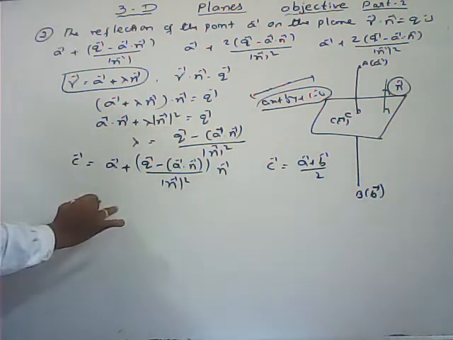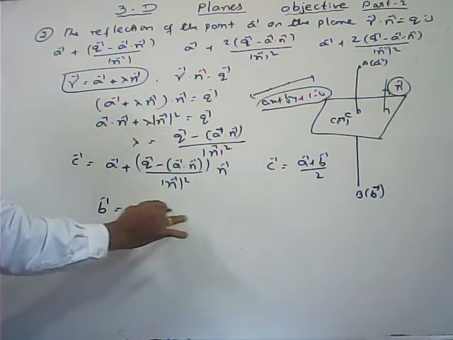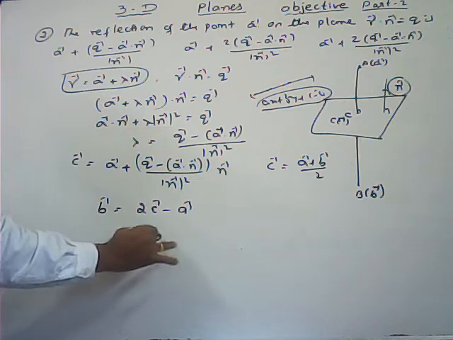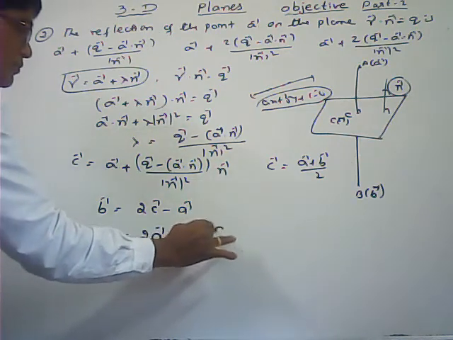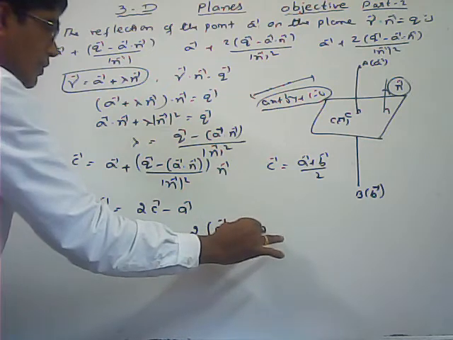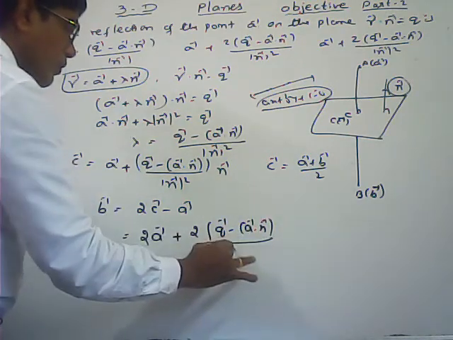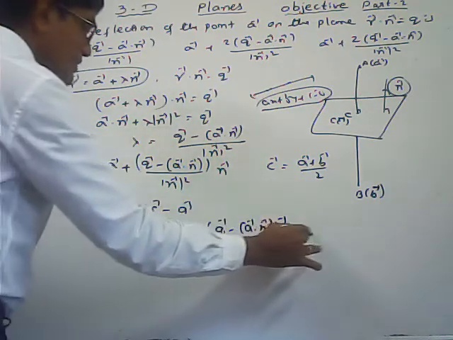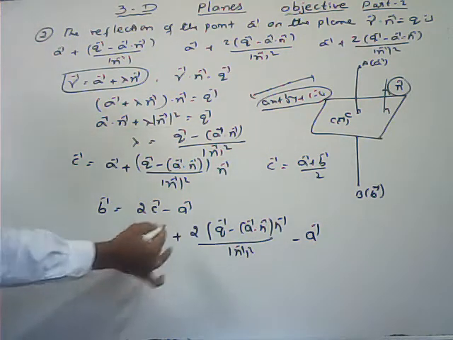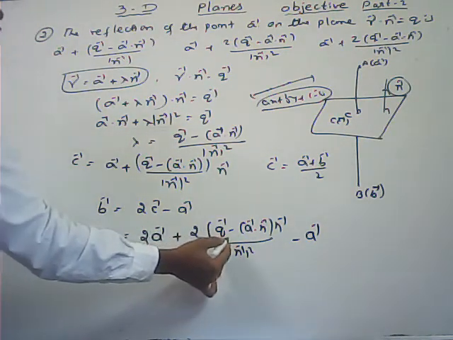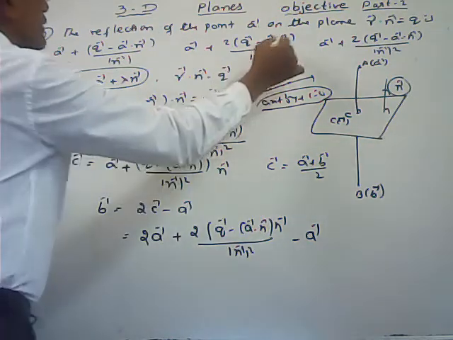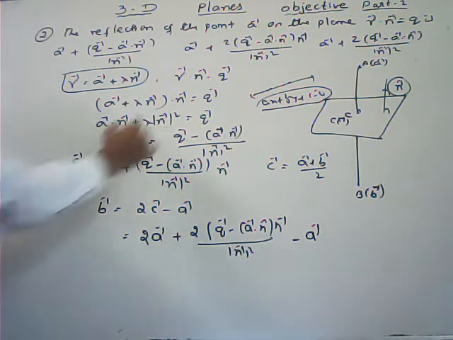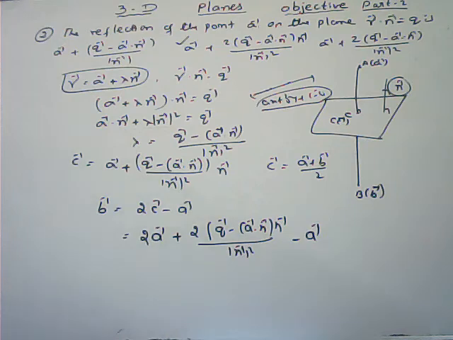So b bar is equal to 2 into c bar minus a bar. 2 into c bar, this one total multiplied by 2. 2 into c bar minus a bar: 2a bar minus a bar, that is a bar, plus 2 into q bar minus a bar dot n bar whole n bar by modulus of n bar square. So here we say the second option is the correct one.